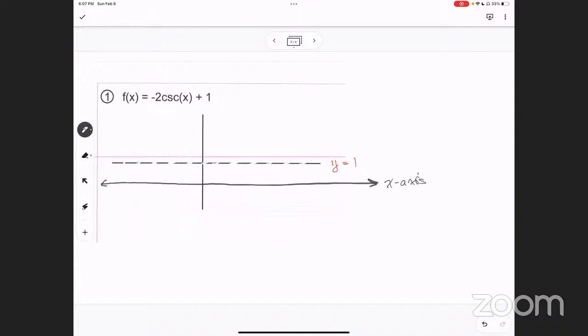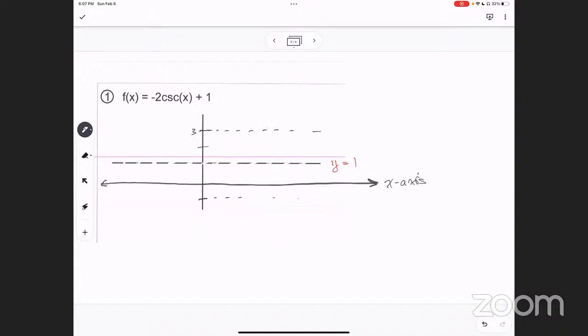What's the highest I go to? So what's the highest I go to? 3. Okay, so there's 3, and what's the lowest I go to? -1.